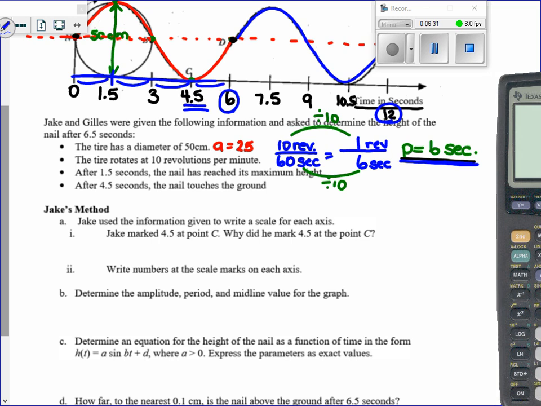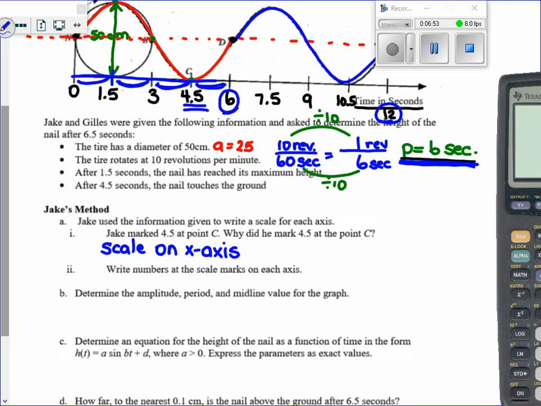If he had figured out that the period was 6 seconds, then he can divide that period into 1, 2, 3, 4 equal parts, right? So he did what we've been doing lately to figure out our scale on the x-axis.